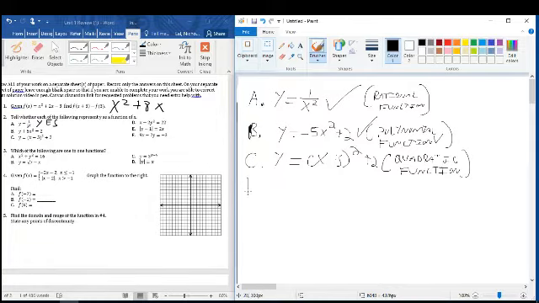For d, 2y squared plus x equals 22. So I'll have to subtract x from each side. 2y squared is equal to negative x plus 22, divided by 2.